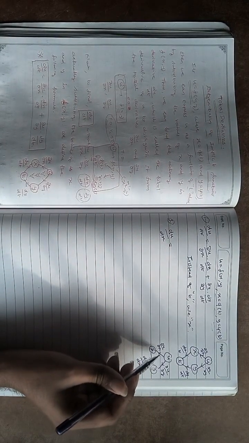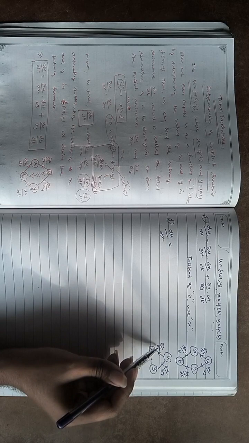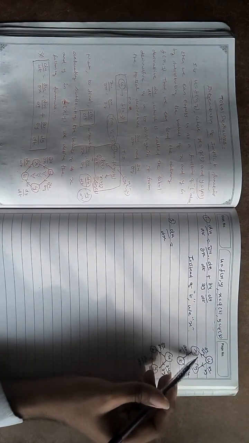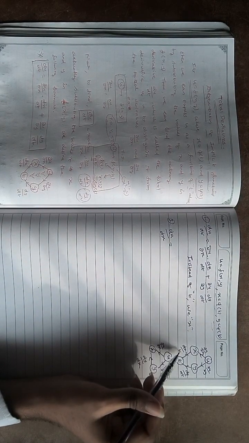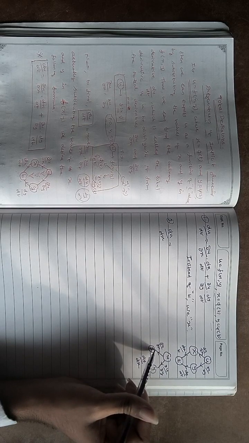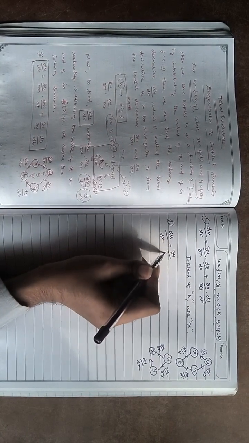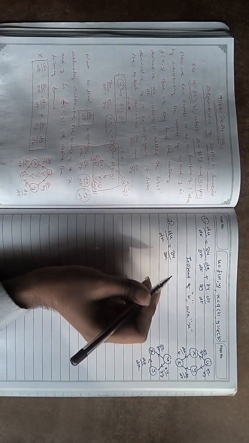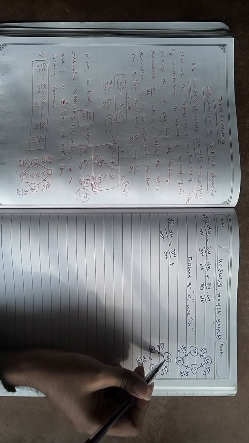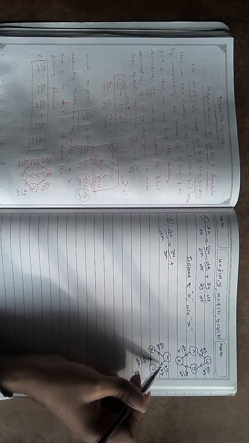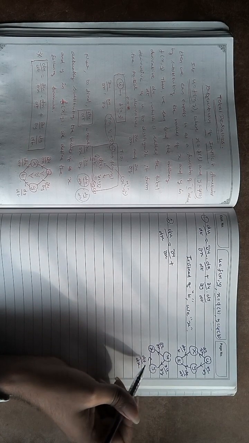dou u by dou x. Earlier we had two paths to reach t, so we wrote dou u by dou x into dx by dt, but here there is only one path to reach x, so we have only dou u divided by dou x, plus, to reach this x there is another way, that is dou u by dou y into dy by dx.